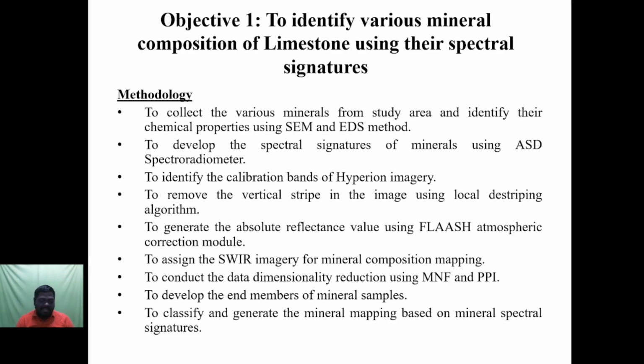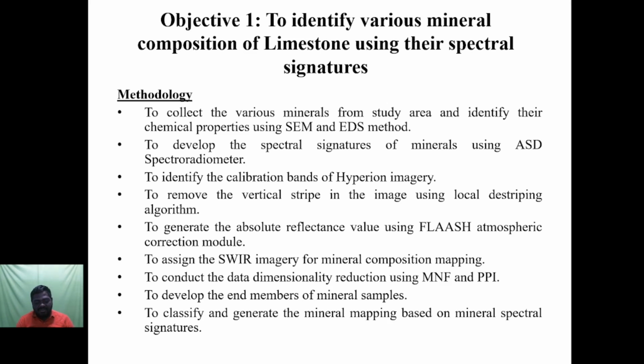After that, we are taking the N-member mineral sample. This N-member mineral sample we are developing based on the property score of three methods: SAM, SFF and BE. SAM means Spectral Angle Mapper, SFF means Spectral Feature Fitting, and BE means Binary Encoding. After that, we are going to classify and generate the mineral mapping based on the spectral signature.